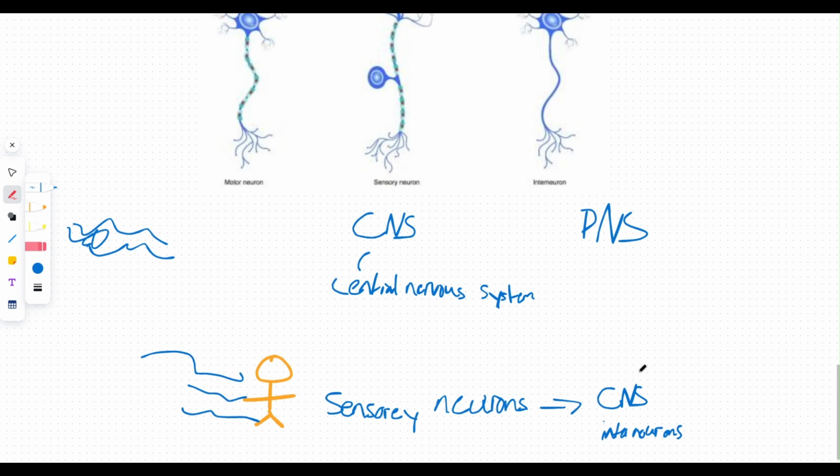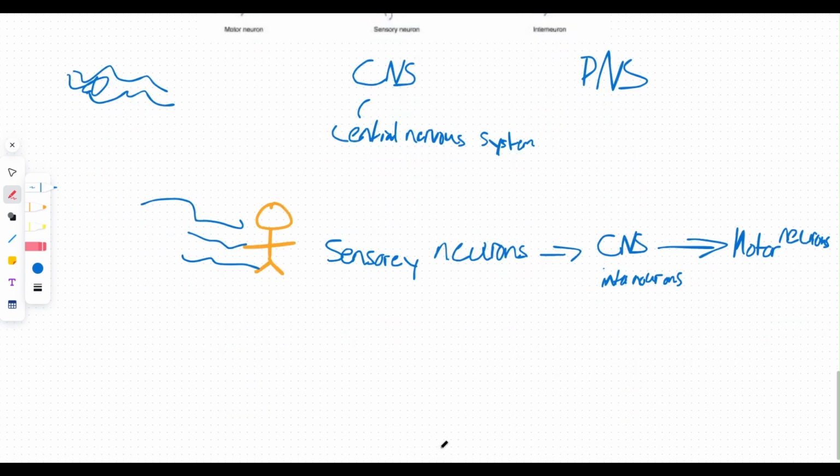And then it'll tell the motor neuron to send the message of shiver, make the muscle shiver, right? Then it will go to your doing organ. Let's just call it doing organ because I don't know what it's called. The doing organ will give you your response.